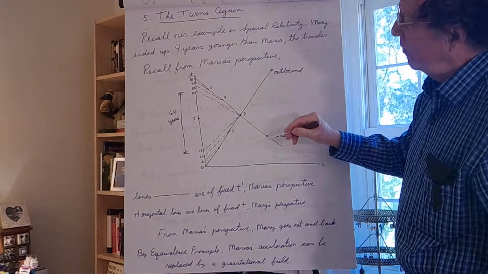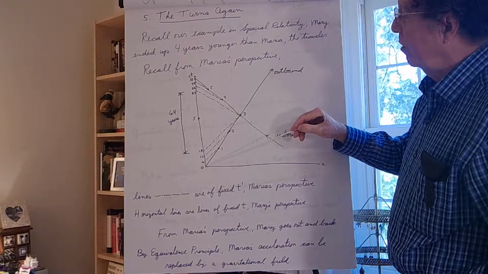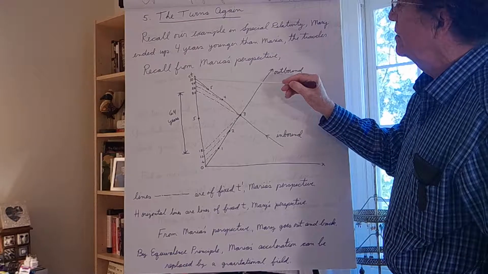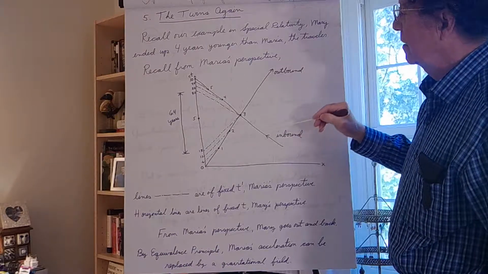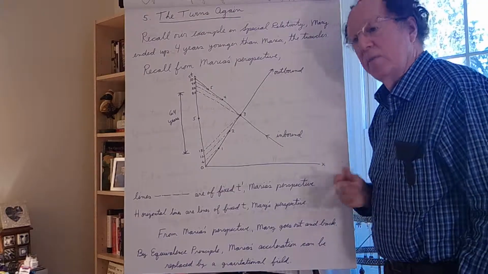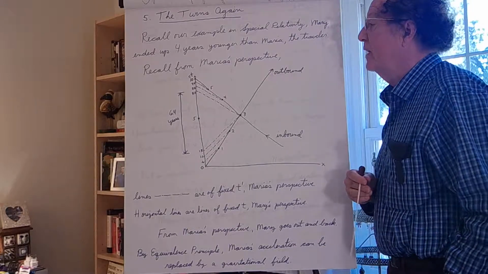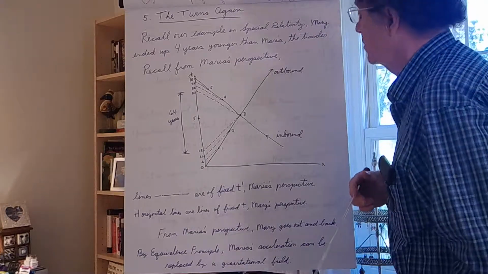Over the course of that process, Mary ages 10 years, and Maria notes that lo and behold, she ages only 6 years. The result is the twin paradox, which we resolved in our discussion of special relativity.